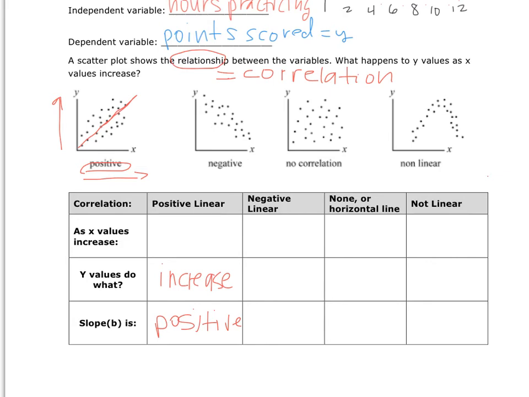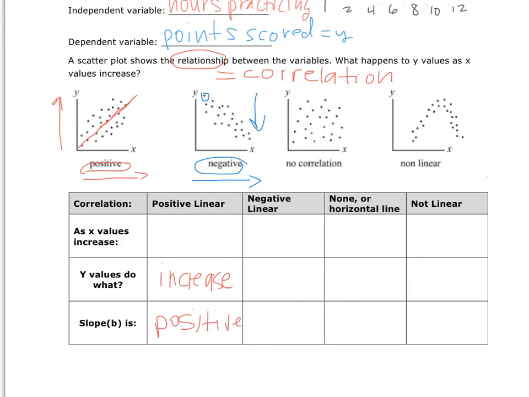All right, now the next one, we've got negative linear correlation. Now again, as x gets larger, what is happening to y values? Well, this time they're decreasing. As x gets larger, y values are getting smaller. So this value of x here is relatively small, and the y value is relatively large.